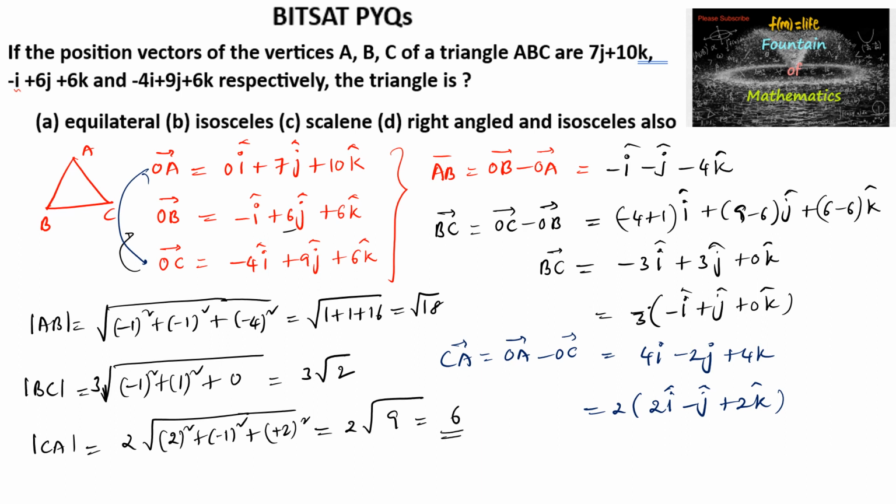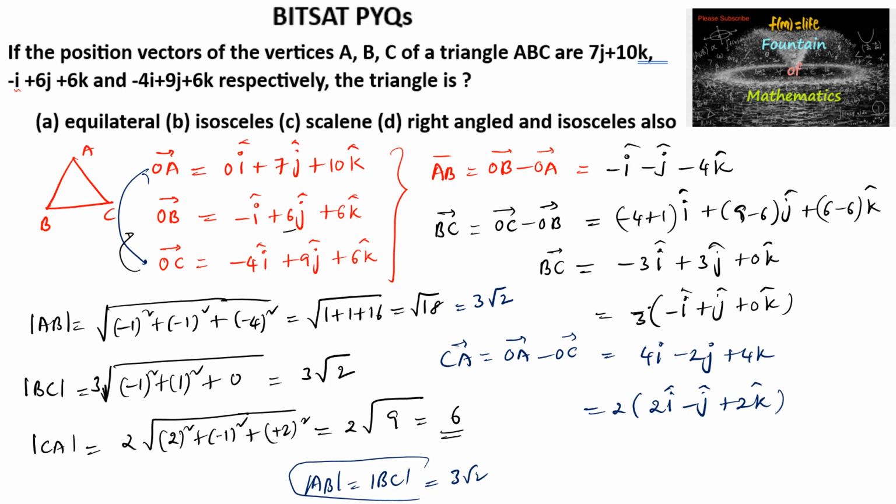And root 18 we can also write as root of 2 nines, that is 3 root 2. And here we can find mod of AB and mod of BC are both the same, that is 3 root 2. And hence we can conclude that this triangle can be isosceles. And also there is a fourth option, right angled isosceles.